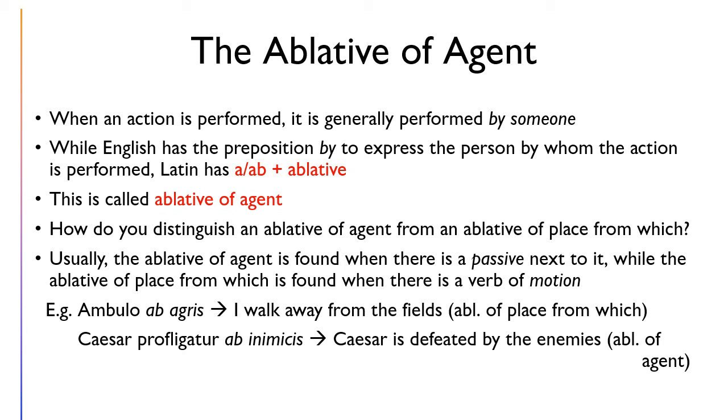So for example, if I say ambulo ab agris, of course, ambulare means to walk and it is a verb of motion, so ab agris is likely to be an ablative of place from which, so I walk or I am walking away from the fields. While the next sentence, Caesar profligatur ab inimicis, so profligatur is clearly a passive, and so ab inimicis is likely to be an ablative of agent. And in fact, if I translate it, it is going to be Caesar is defeated by the enemies.